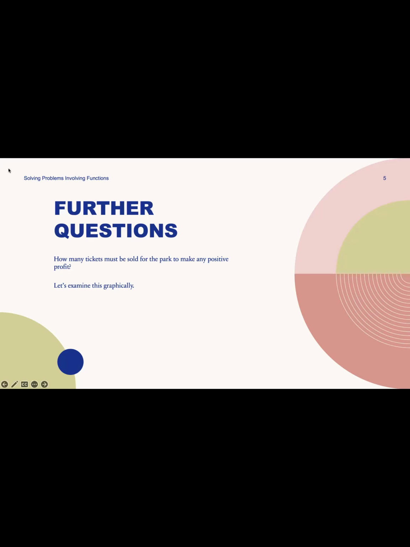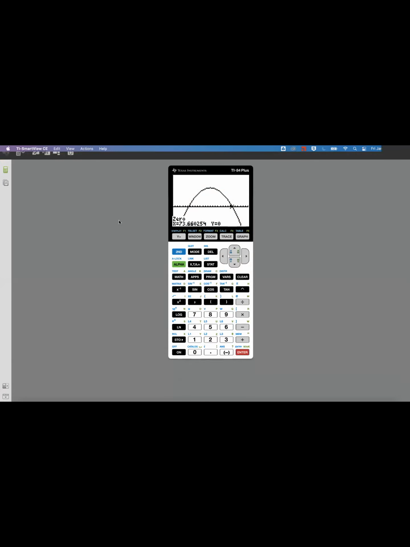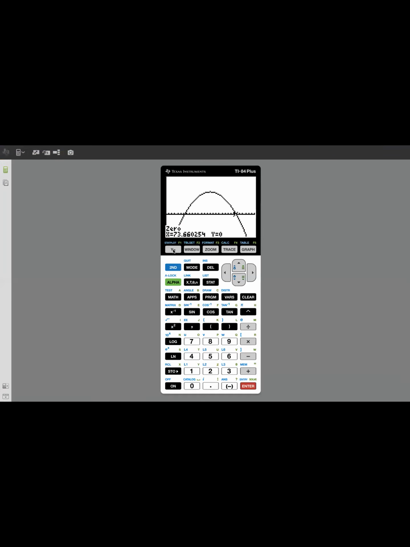All right, so let me go back to my calculator. Now, to answer that question, we're not talking about what makes the profit be $800,000 anymore. My function is going to be the original function that the problem gave me, the sample problem. So let me clear this one out and retype this in. I'm going back to just the original function.